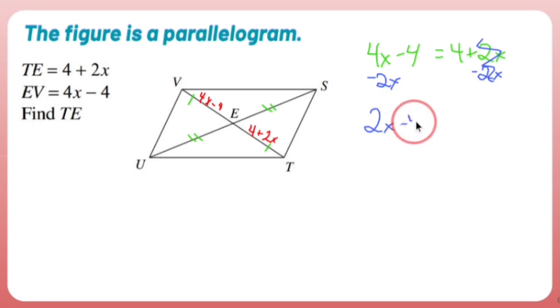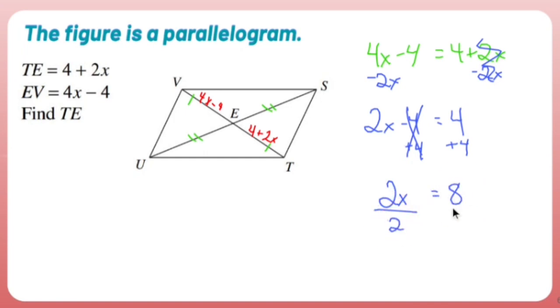Drop down the minus 4, the equal sign, the regular 4. 2x minus 4, let's get rid of the minus 4 by adding 4 to both sides, like so. 2x equals 8. Divide by 2, and x equals 4.